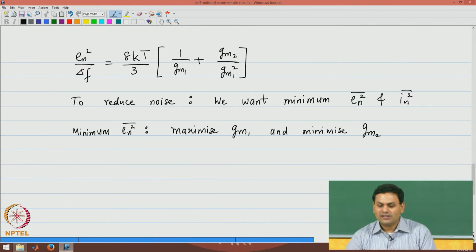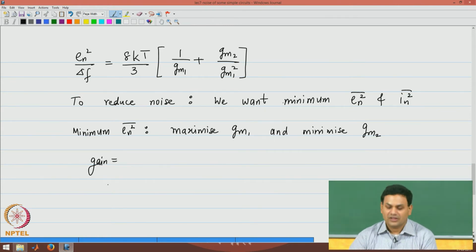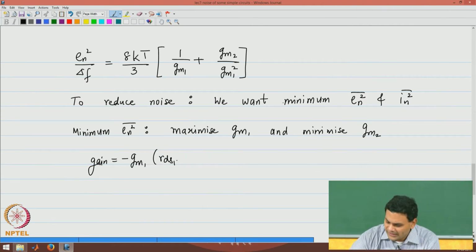Now, please note that the gain of the circuit is a function of GM1, and therefore, for a high gain amplifier, you do have some control over GM1, because the gain of this particular circuit, for example, is minus GM1 into RDS1 parallel RDS2.